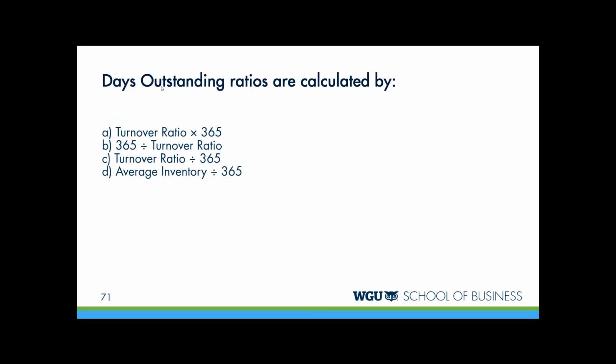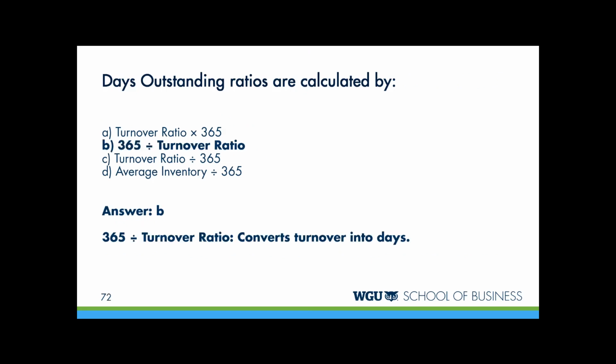Okay, our days outstanding ratios are calculated by which of the following general formulas? Okay, and the answer here is going to be B. And so anything that is a days outstanding ratio is going to be 365 divided by the turnover ratio that we are using.